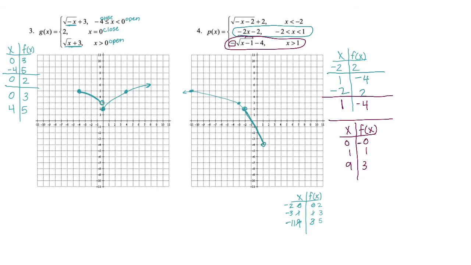Notice the negatives on the outside, so the y's are negative. And then we've gone to the right one, so we add a 1 and subtract a 4. So what are our points now?